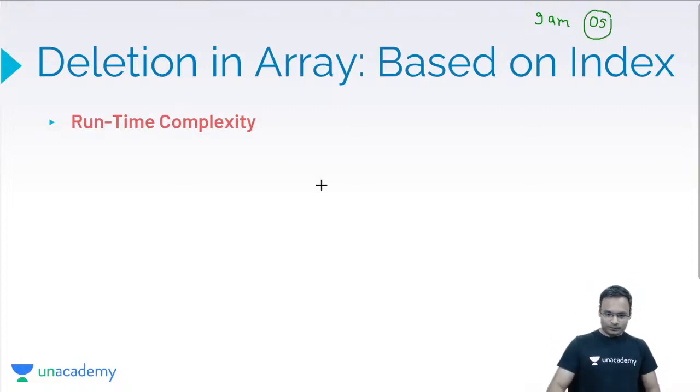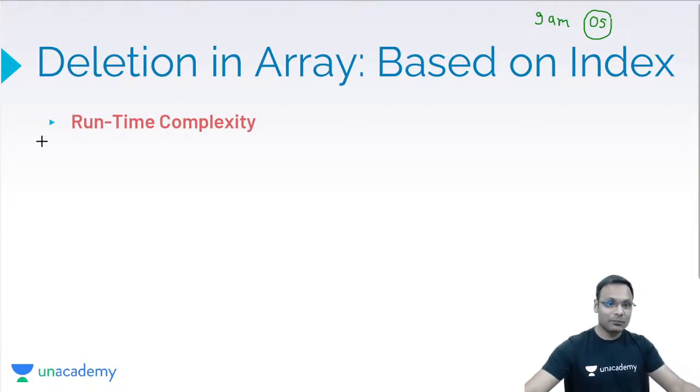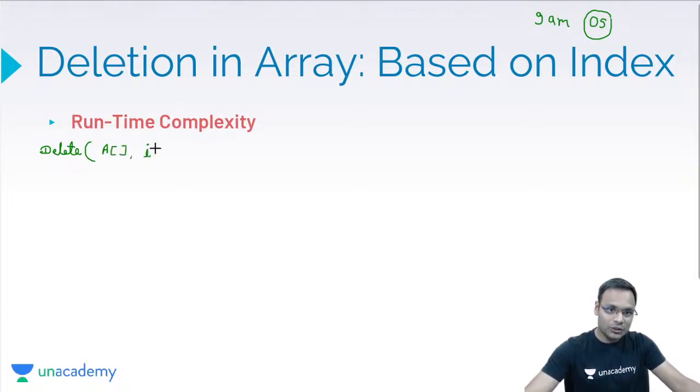Right? Okay, now look at this runtime complexity. First of all, let's see the algorithm for deletion. For the deletion algorithm, we are getting first of all array A, and then index I where the deletion should happen.